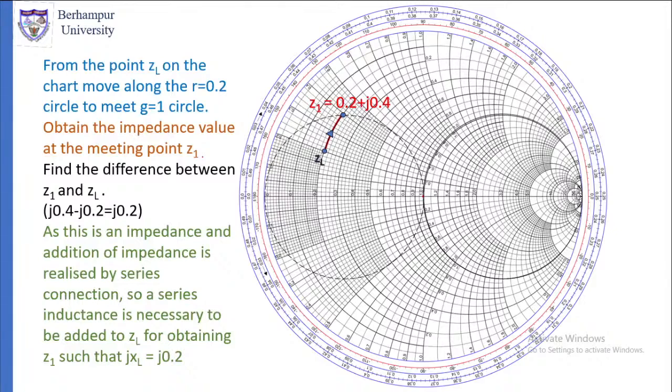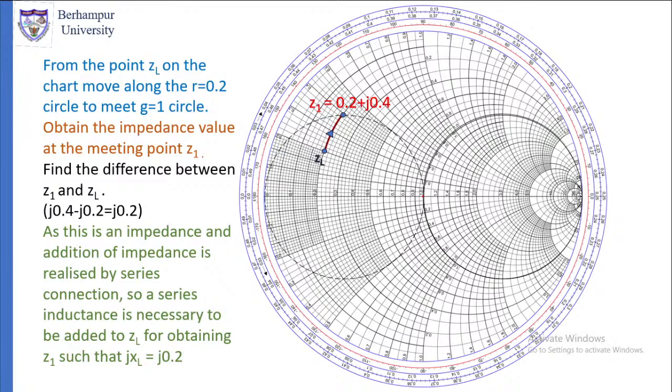Since we are moving along the R equal to 0.2 circle, at that point the R will remain 0.2. So Z1 will have real part 0.2.